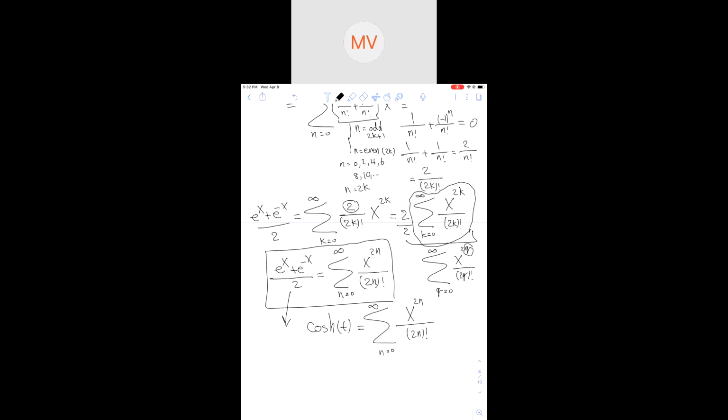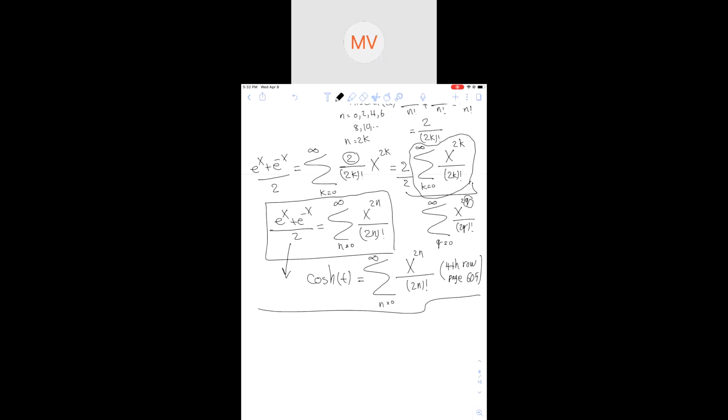And this is exactly line 4. 1, 2, 3, 4. That's the 4th row on that table, page 605. Every single one of them can be proved the same way. Anyway, that was just an example.